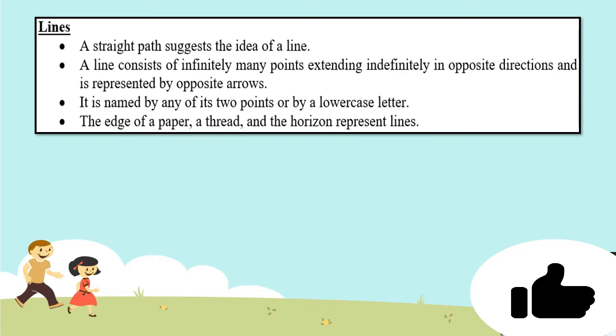It is named by any of its two points or by a lowercase letter. The edge of a paper or the edge of this figure is already called a line. A thread is already called a line. The horizon represents a line. Those are examples of a line.